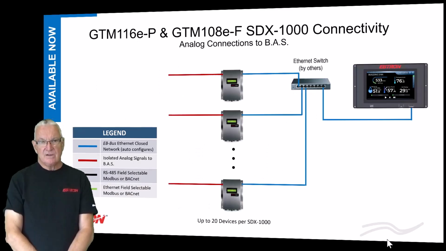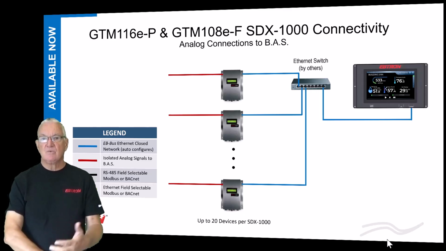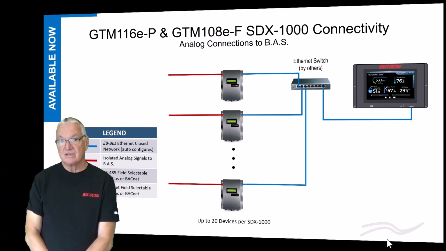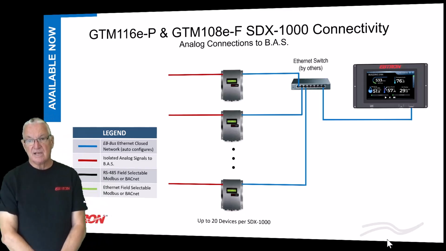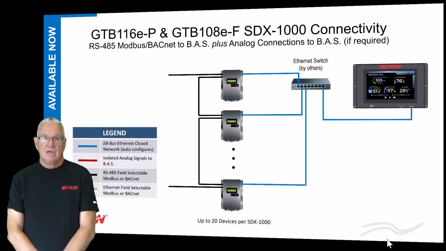From a connection point of view, this version went with Ethernet, so in this case, the red there is you're connecting to your building automation system with analog signals, and then you're connecting to the smart display through this Cat 5 cable, through an Ethernet switch.